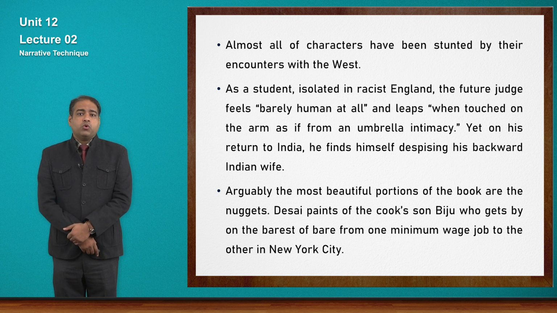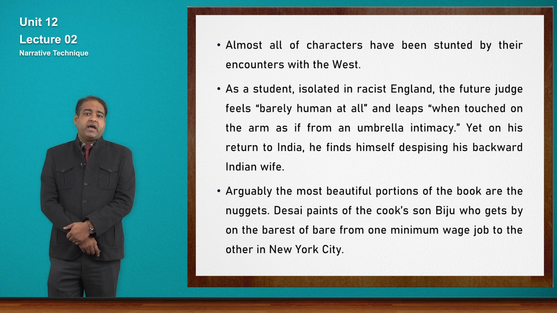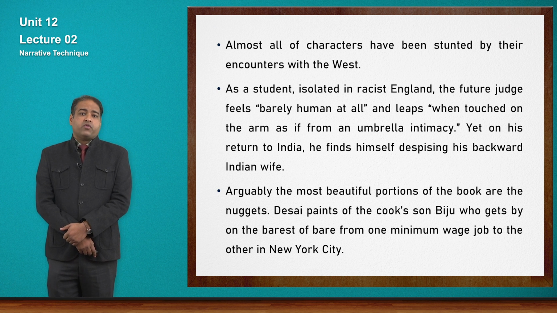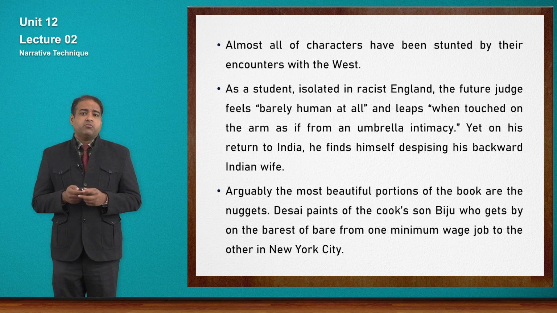Arguably, the most beautiful portions of the book are the nuggets Desai paints of the cook's son Biju, who gets by on the barest of bare from one minimum wage job to another in New York City. So, friends, the most critical, the most pathetic examples from the story are taken from the life of Biju.